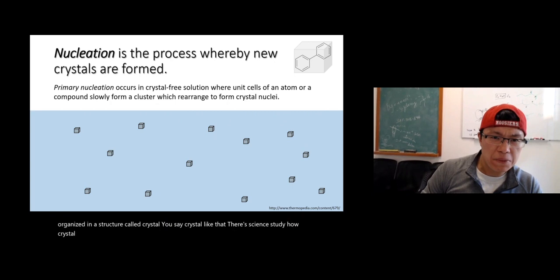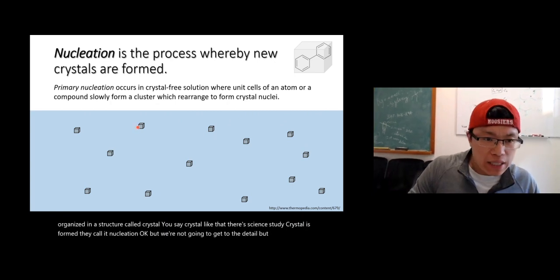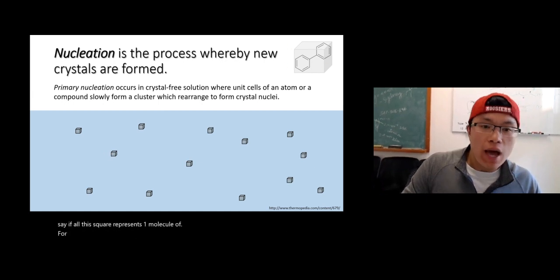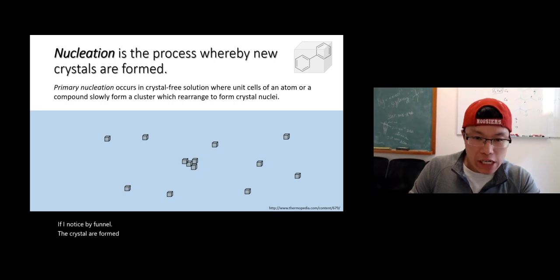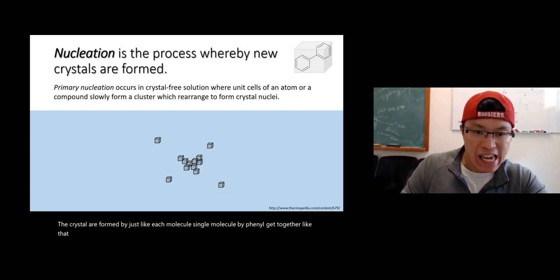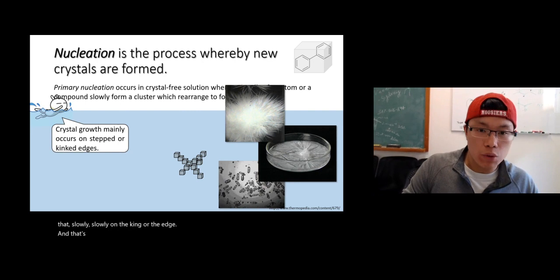They call it nucleation. Okay, but we're not going to get into the detail. But basically, let's say this square represents one molecule of biphenyl. The crystal is formed by each single molecule of biphenyl getting together like that, slowly, slowly on the corner or the edge, and that's why many crystals look like needles.